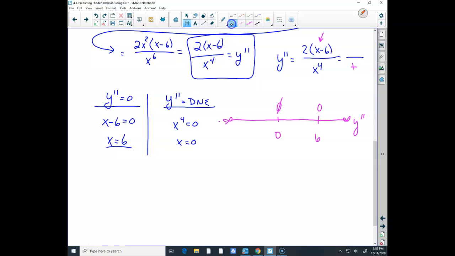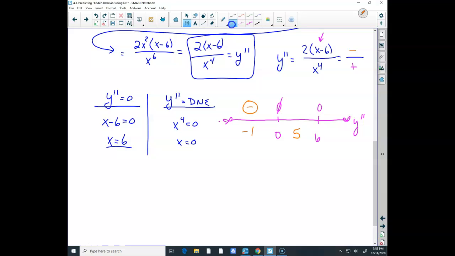Well, if I came back here and put a negative 1 in there, that's going to give me a negative 7, so it's negative. That should mean I'm concave down there, right? And when I pick something between 0 and 6, like maybe 5, any number between, but not 0 or 6, if I put a 5 in there, now it's 2 times negative 1.